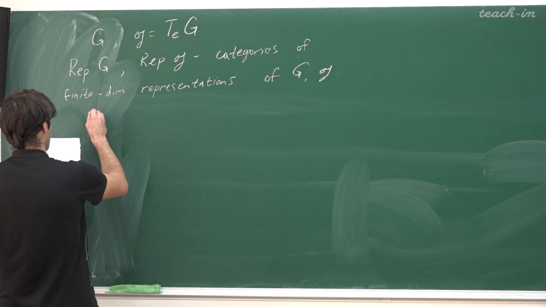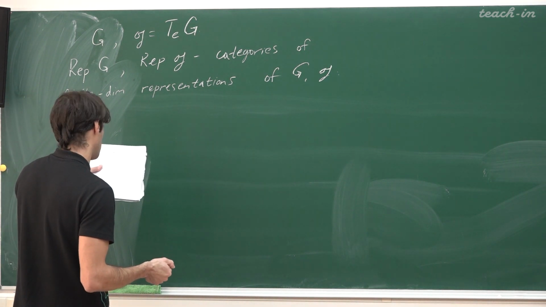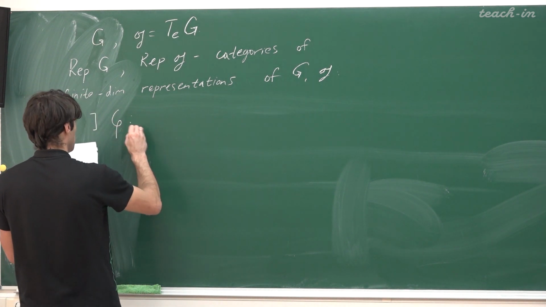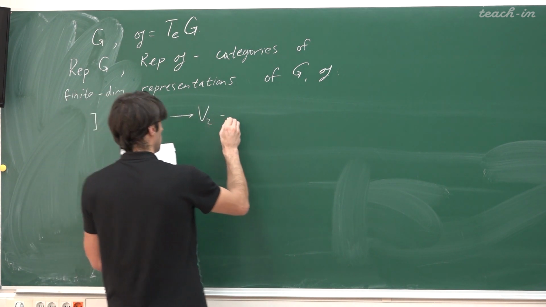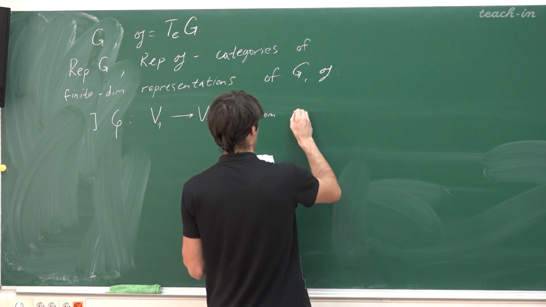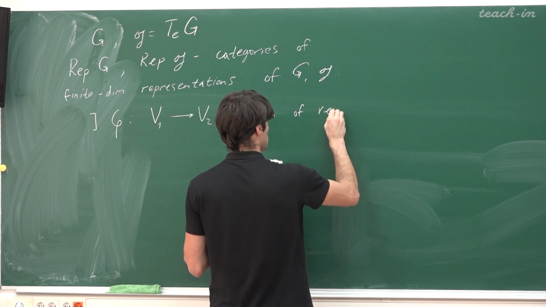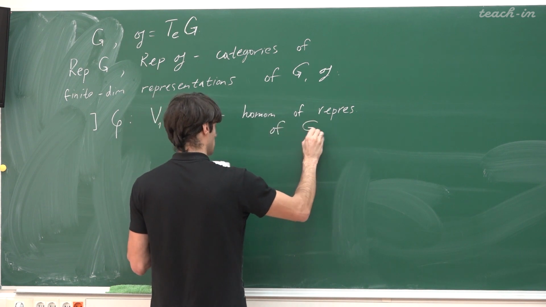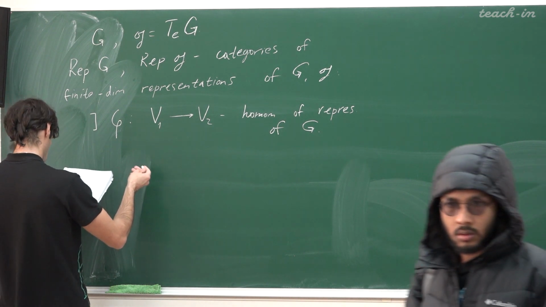All right, and last time we discussed what is a homomorphism of representations, so let phi from V1 to V2 be a homomorphism of representations of G. Then, what does it mean?